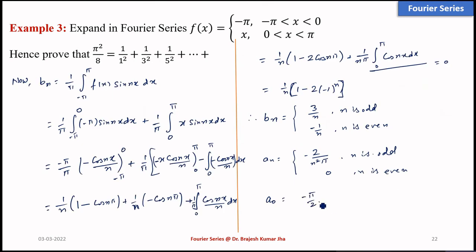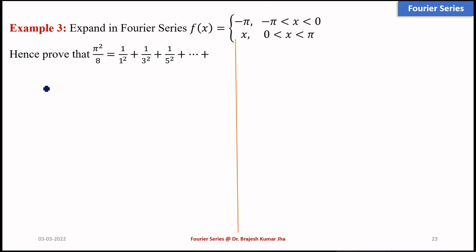So thus in the Fourier series, f(x) can be written as a_0 by 2 plus summation of a_n cos nx plus b_n sin nx for n equals 1 to infinity. a_0 is minus pi by 2, so it is going to be minus pi by 4 plus. What about a_n?